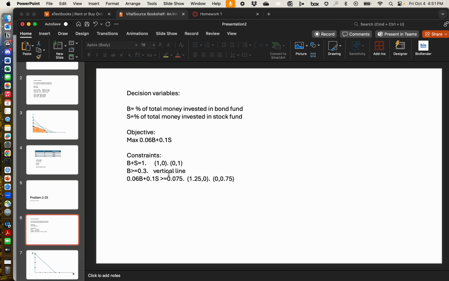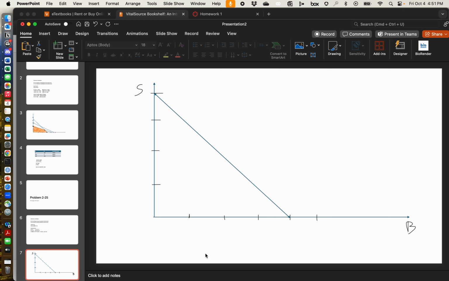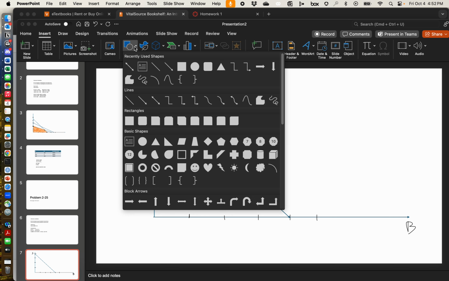Next, b is greater than or equal to 0.3. So we'll draw b is equal to 0.3. So 0.25, 0.3 will be right there.